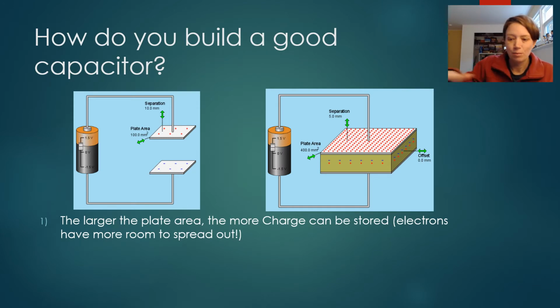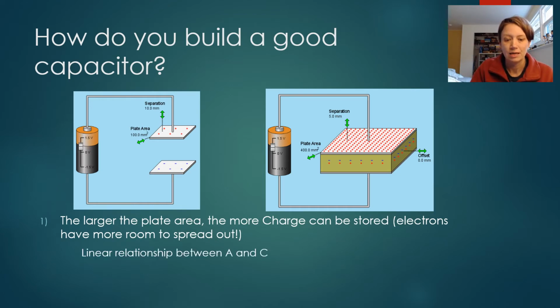Therefore, if you provide them more space to spread, you're able to store more of those electrons on that surface. So there is actually a linear relationship between the surface area and the capacitance. If you double the surface area of your parallel plate capacitor, you're going to have twice as many charges that you can store, and that means twice as much capacitance.